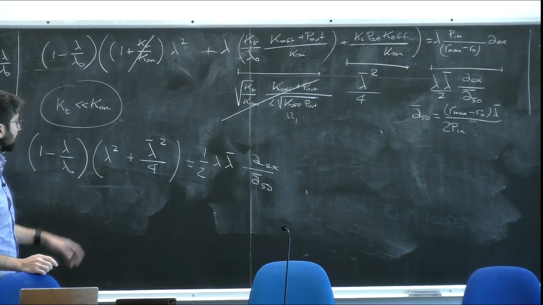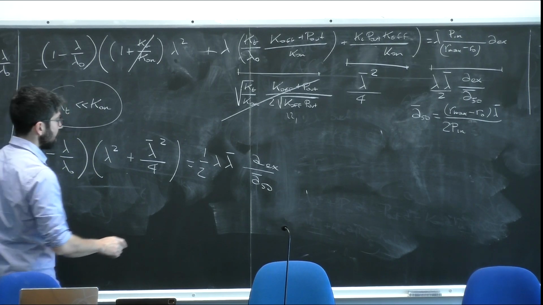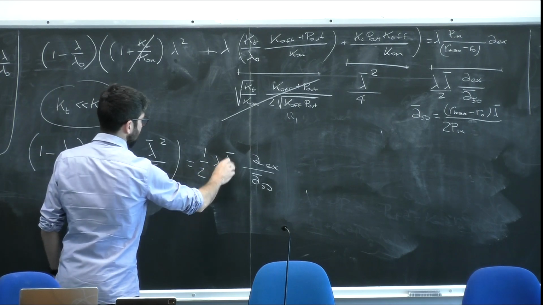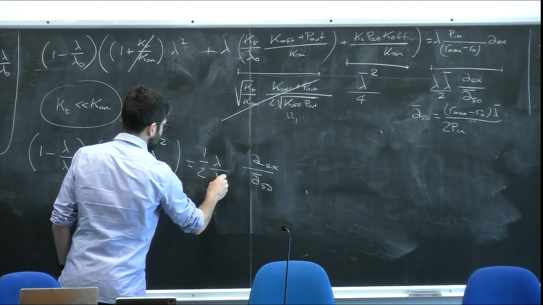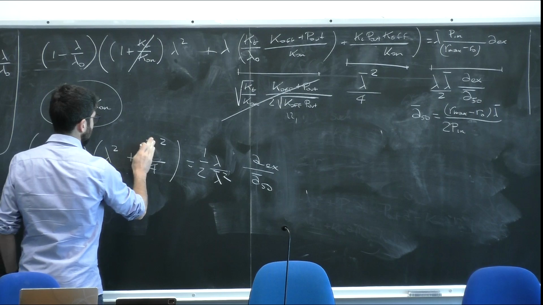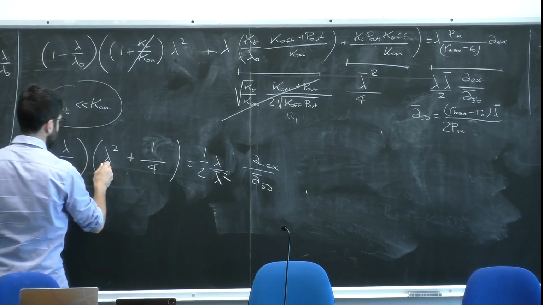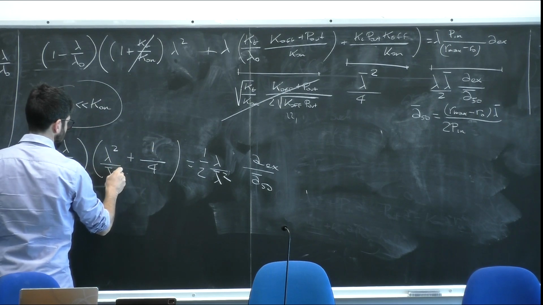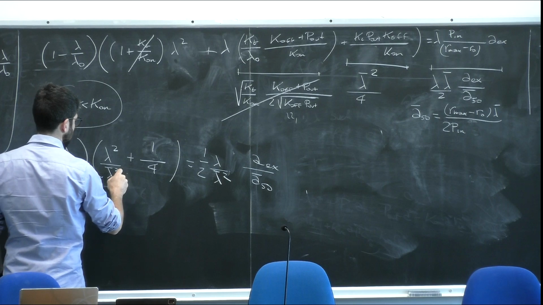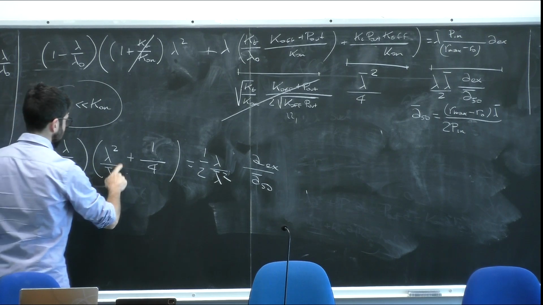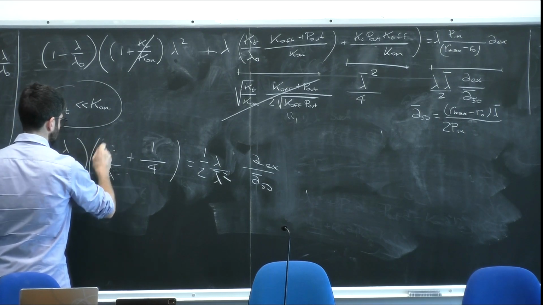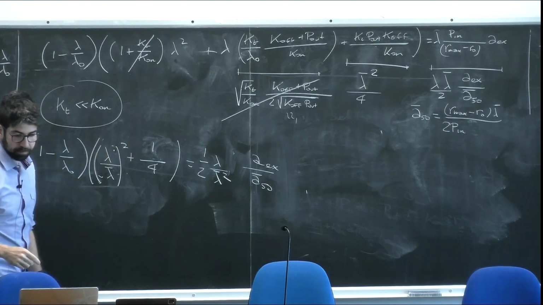Now to make both the sides adimensional, I'll divide by this lambda bar squared. So I get lambda bar squared. Here I get 1. And here I get lambda bar squared. Okay?